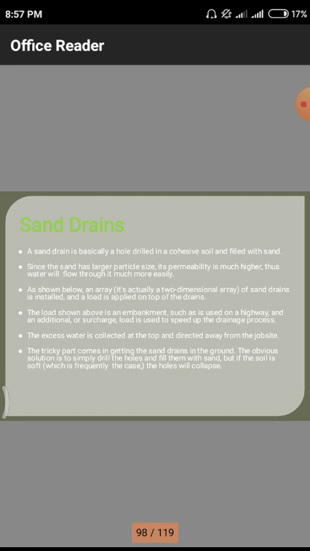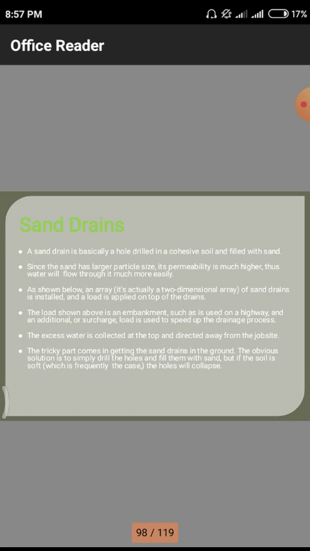Since sand has a large particle size compared to clayey soils, granular soils and silty soils, the water will be attracted by the voids present in the sand particles, and the voids are filled by this water. After the voids are filled, we simply remove the total water present in the sand drains.